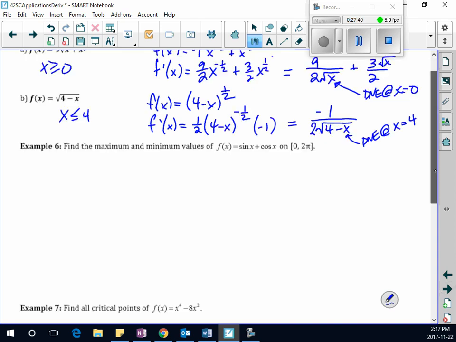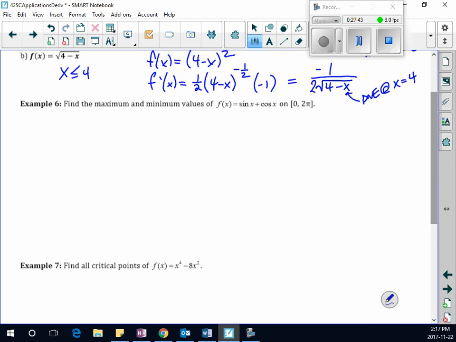Okay, so it says find the max and min of this. So how do we do that? Derivative? What's the derivative of sine x? So cos x minus sine x.